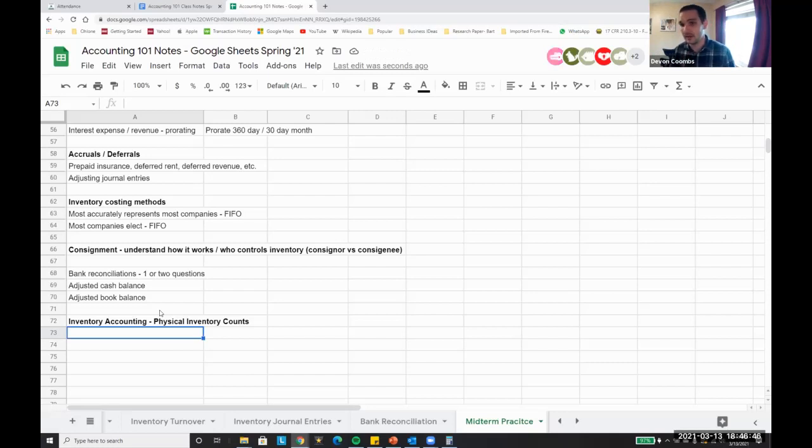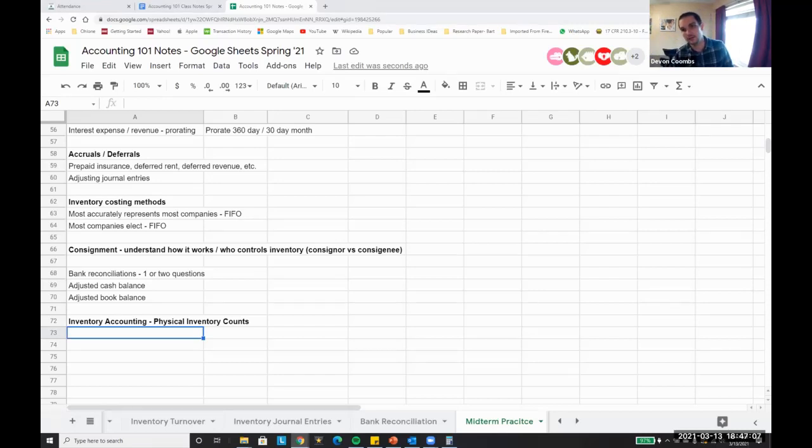We need to do a count at the end of every period in order to accurately account for inventory, no matter what. So there's always a physical inventory count. And remember the examples I told you about, even in audit, you do inventory counts. I used to do it for steel beams and all these crazy things.